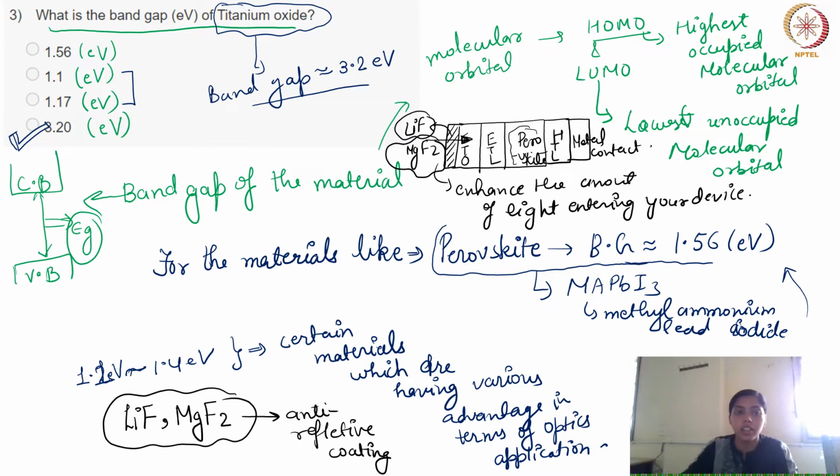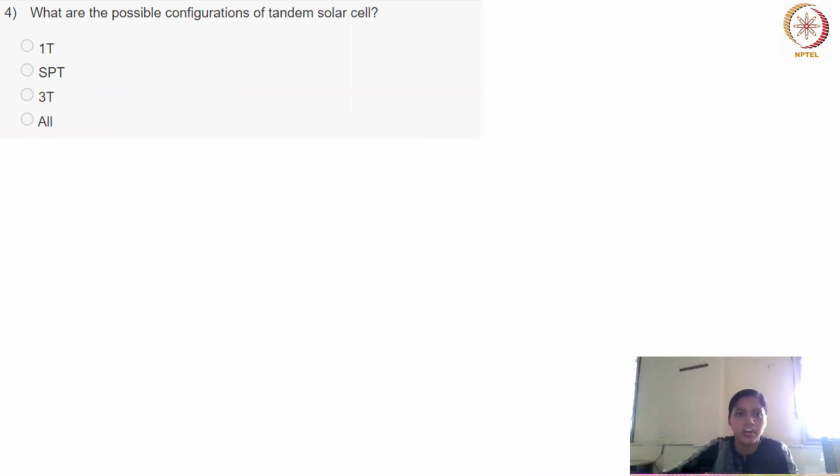Okay. So now let's move on to the next question. What are the possible configurations of the tandem solar cell? So this is your 1T, SPT, 3T and all of the above. 1T represents the one terminal tandem configuration.